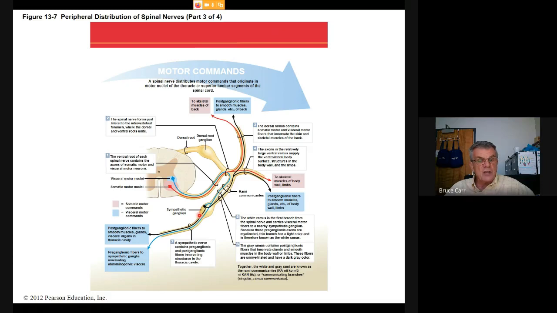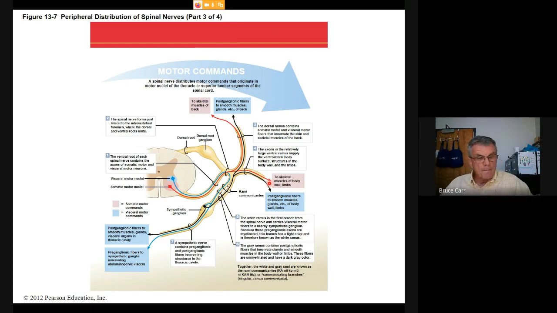Now, this is kind of an interneuron idea, and the rerouting. So visceral motor nuclei basically go through the sympathetic ganglion and straight down to the nerves. The somatic motor neurons are going to be distributed through the posterior and lateral elements of the nerve to the skeletal muscle of the body wall and limbs.